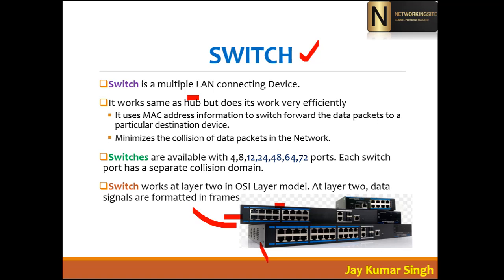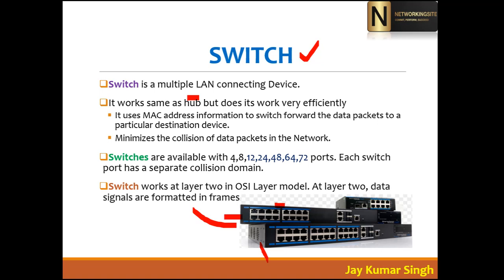In a hub there is no kind of memory, there is no kind of storage location. That's why hub does not store any kind of information. So whenever anyone is sending data from source to destination using hub as a centralized device, hub does not store who is sending and who is receiving.